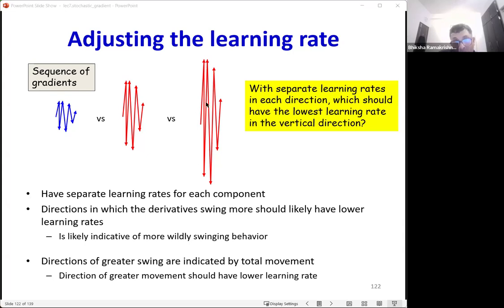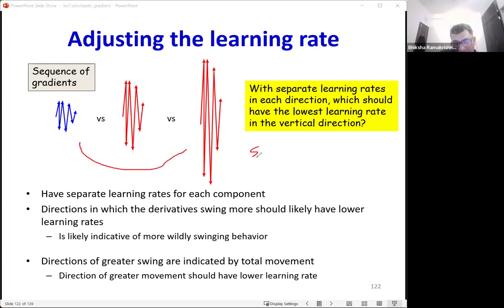Simply, I have moved a lot more. It's not the average motion, it is the net motion, right? So if I take the average motion in both cases, the average is going to be small.